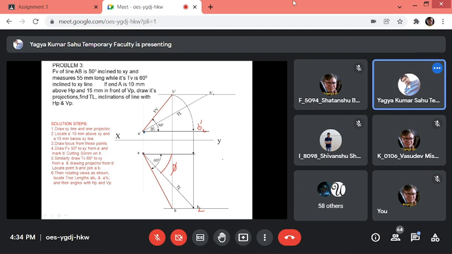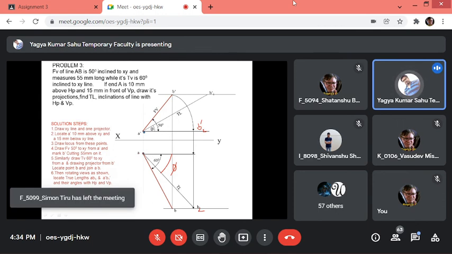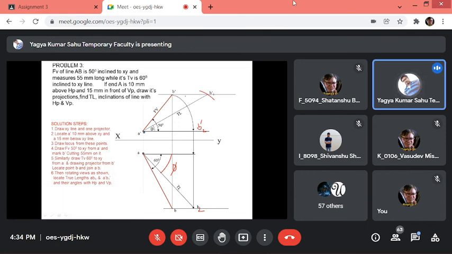Or you can directly find that B1 dash length equals AB2. Find an arc on this particular line. You'll get the position of B2, or you can make a rotation of this particular point and then drop a projector line. So here you will get B1 and this one B1 dash.